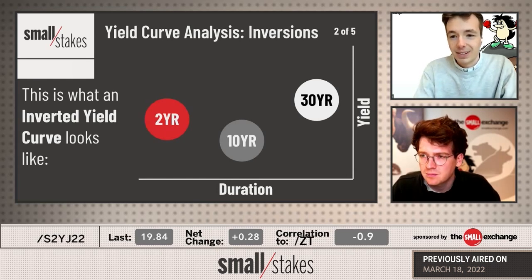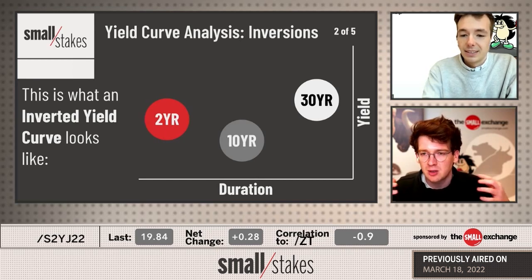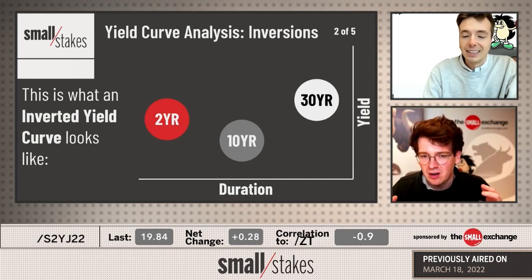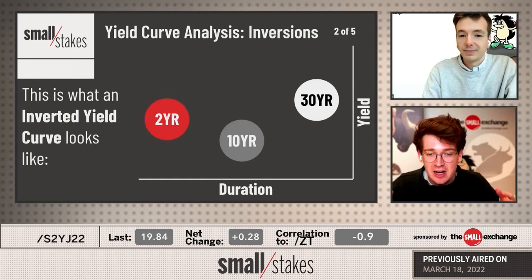That's basically it. And you used a key word there, which is fear. An inverted yield curve is almost always synonymous with economic turbulence or fear. This is a classic scenario where inflation's maybe getting close to out of hand and the Fed's got to step in and really hike short-term rates.